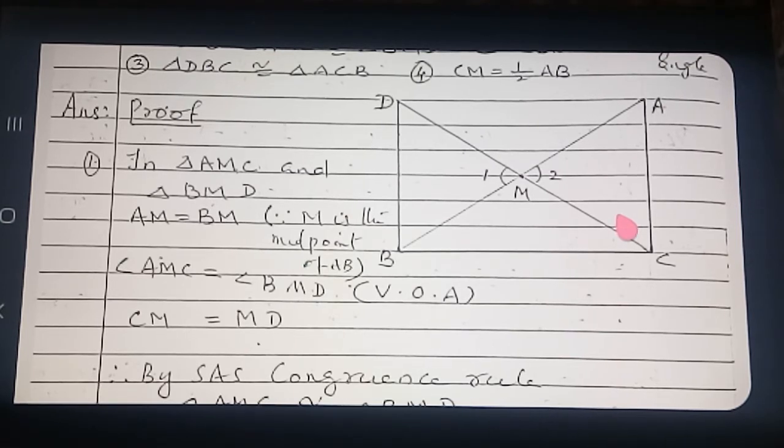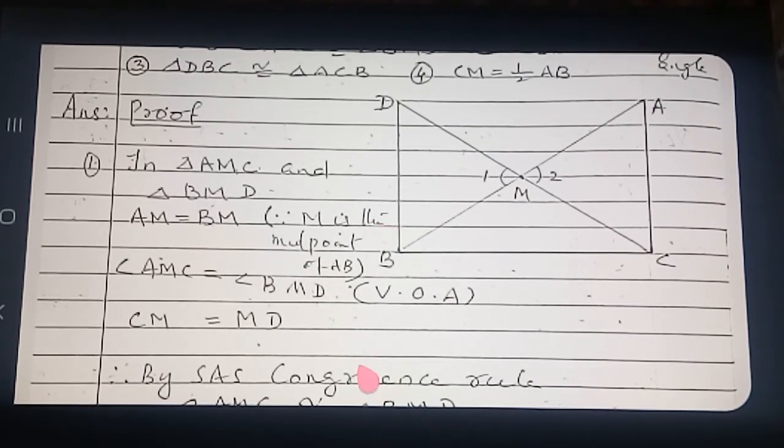I told you from the beginning itself, all these theorems and riders are connected with the previous theorems. Without knowing the previous theorems, you can't understand. So in every video I am saying that you should study and sit, then only you can understand the coming theorems and riders also. Okay.